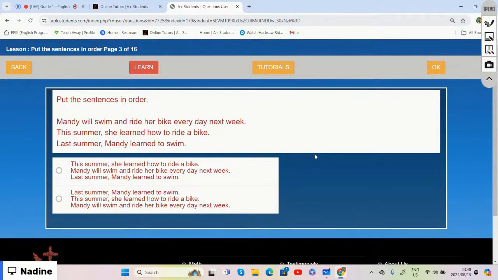Or we can say this summer she learned how to ride a bike. All right. So now if we look at our time order words, we're going to have to put that in order, right?